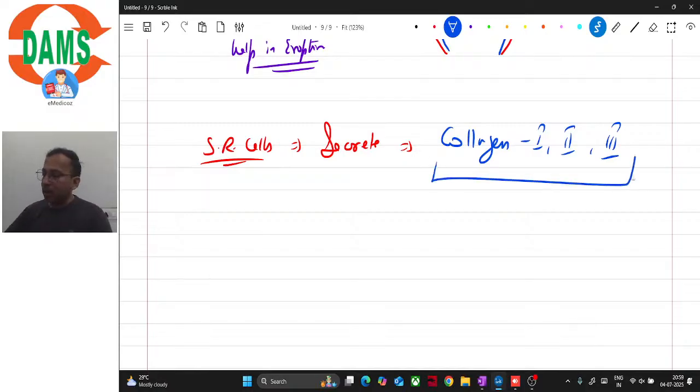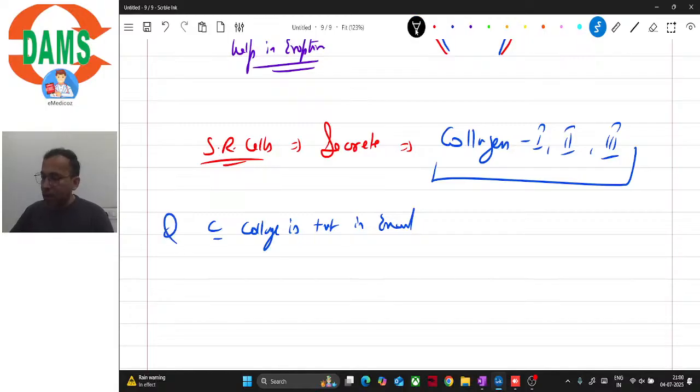Now remember that to confuse you, sometimes the examiner might ask which of the following collagen is present in enamel, right? So which collagen is present in enamel, and the options might be type 1, type 2, type 3 and none.